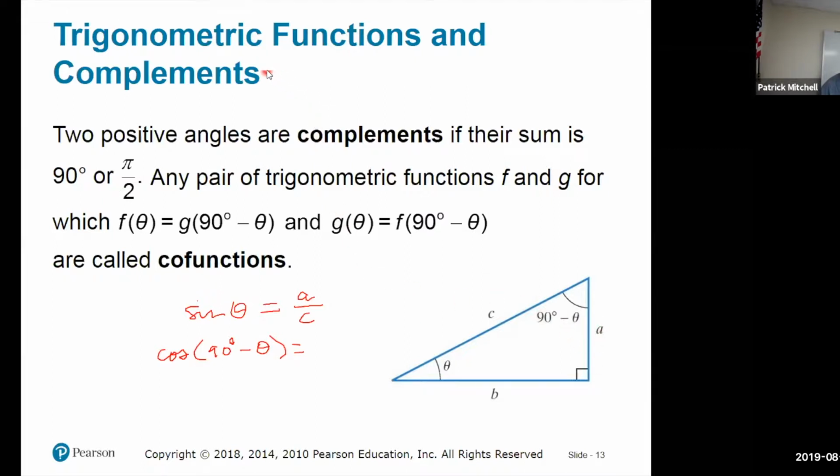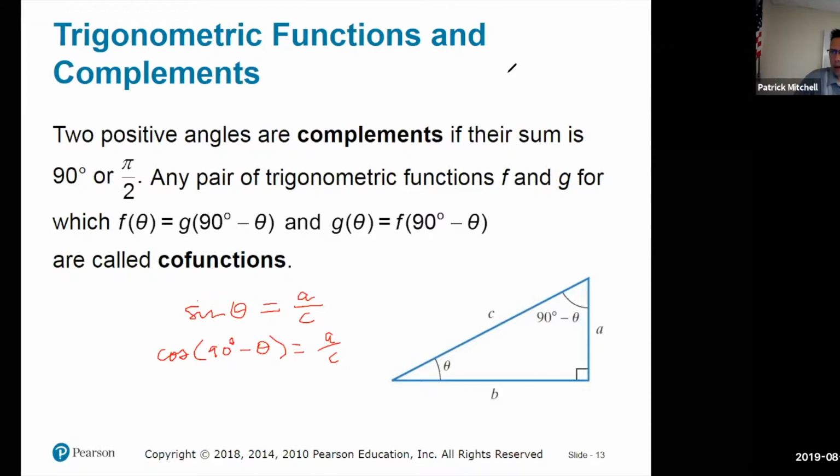And so it turns out that the cosine of 90 degrees minus theta will also be a over c. And that's the way it always works for cofunctions. The value of the function at an angle will always equal the value of the cofunction at the complementary angle.